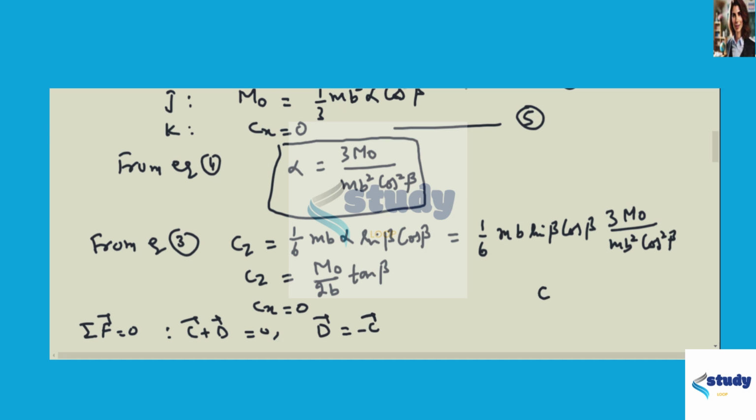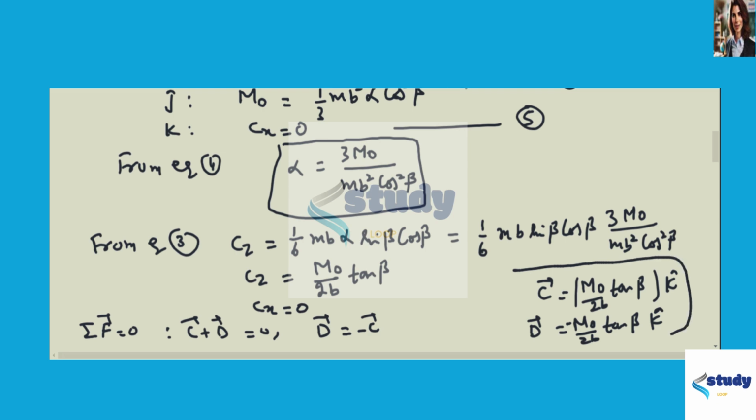So C force can be written as M naught by 2b tan of beta k cap, and D force is M naught by 2b tan of beta, this will be minus k cap. So this is the answer of B part of this problem. Thanks for watching it.